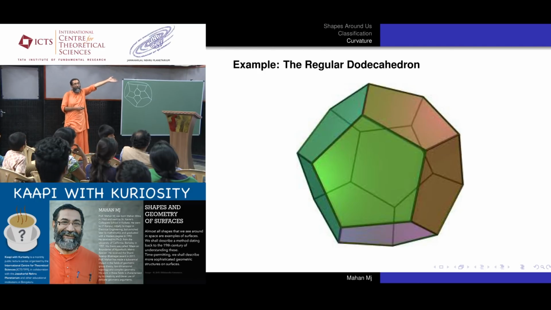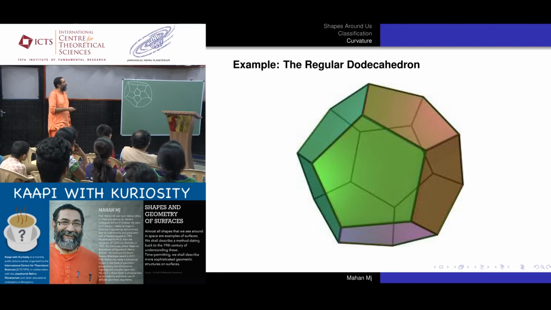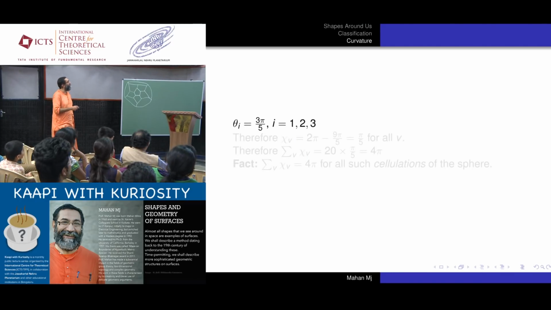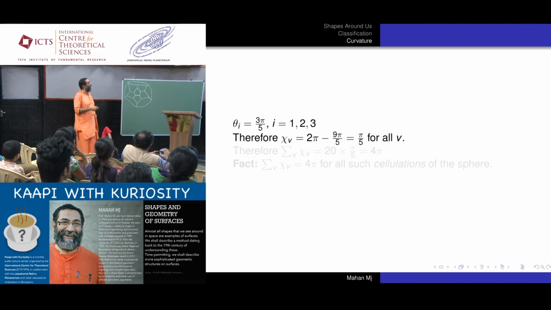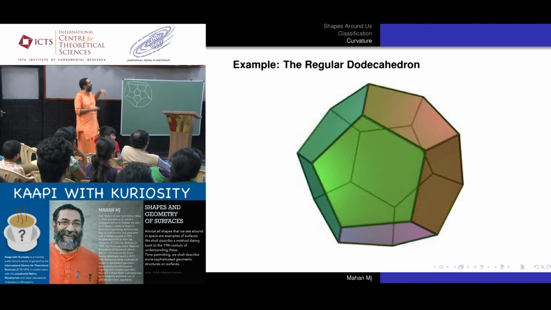So the internal angle would be pi minus 2 pi by 5, which is 3 pi by 5. Each internal angle is 3 pi by 5, that is 3 times 180 degrees divided by 5. So what's the curvature at each vertex? By this angle defect formula, take 2 pi, subtract: how many vertices are there around a vertex?